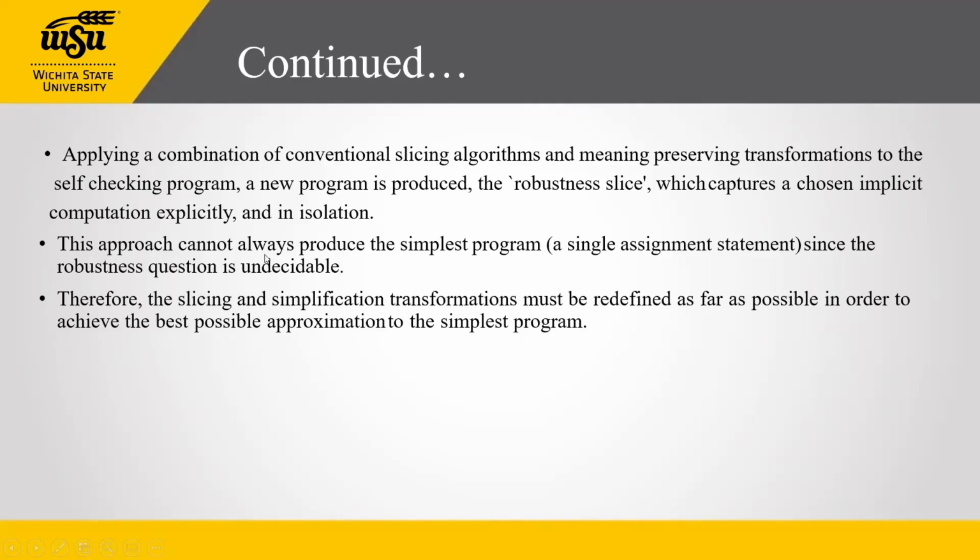This approach cannot always produce a simple program, a single assign statement, since the robustness question is undecidable. Therefore, the slicing and the simplification transformation must be refined as far as possible in order to achieve the best possible approximation to the simplest program.